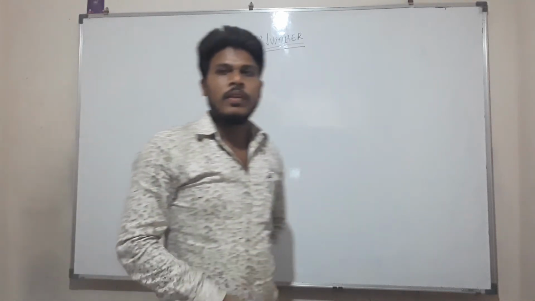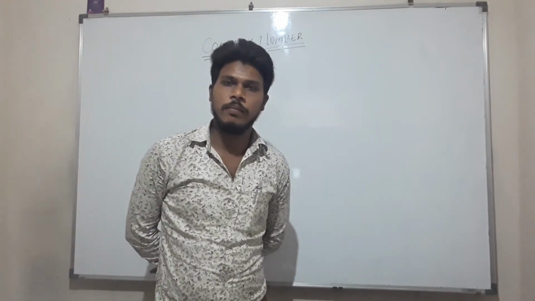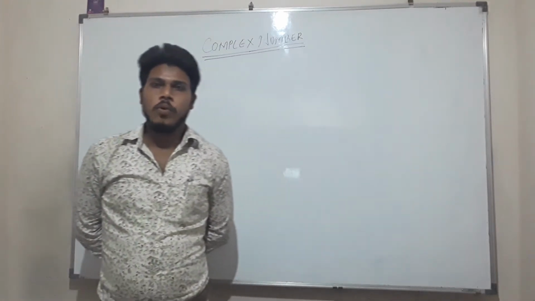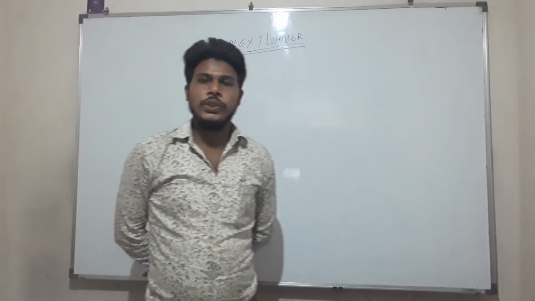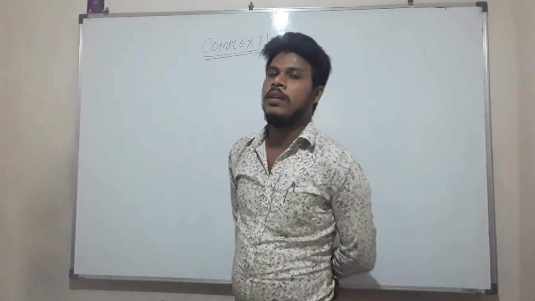Hello students, we have seen complex number, definition of complex number, then properties of complex number, then conjugate of complex number, right? Then we have seen algebra of complex number.